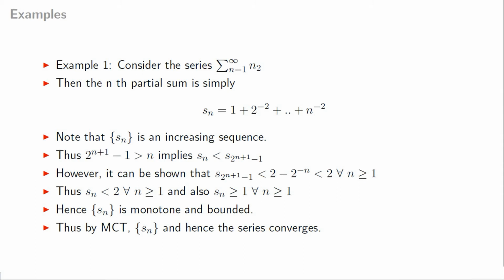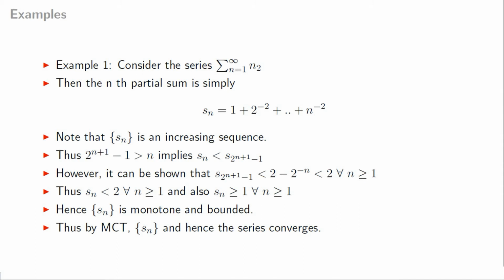However, after a routine algebraic manipulation, it can be shown that S of 2 to the power n plus 1 minus 1 is less than 2 minus 2 to the power minus n, which is less than 2 for every n greater than or equal to 1. Thus, Sn is less than 2 for n greater than or equal to 1, and also by definition Sn is greater than or equal to 1 for every n greater than or equal to 1.